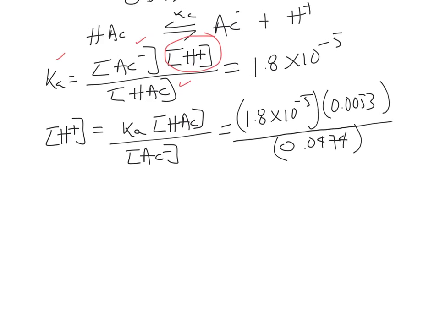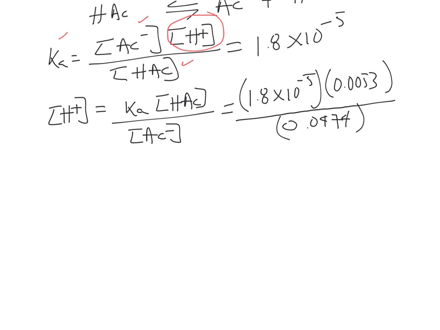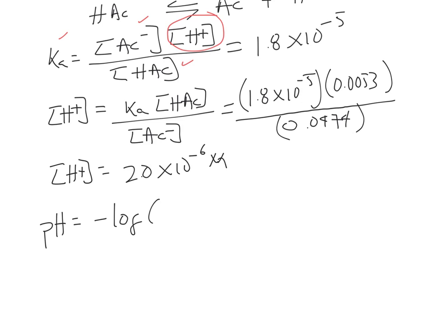And the concentration of H positive is going to be equal to 2.0 times 10 to the power of minus 6 molar. So the pH is going to be equal to minus log of the concentration, 2.0 times 10 to the minus 6 molar.